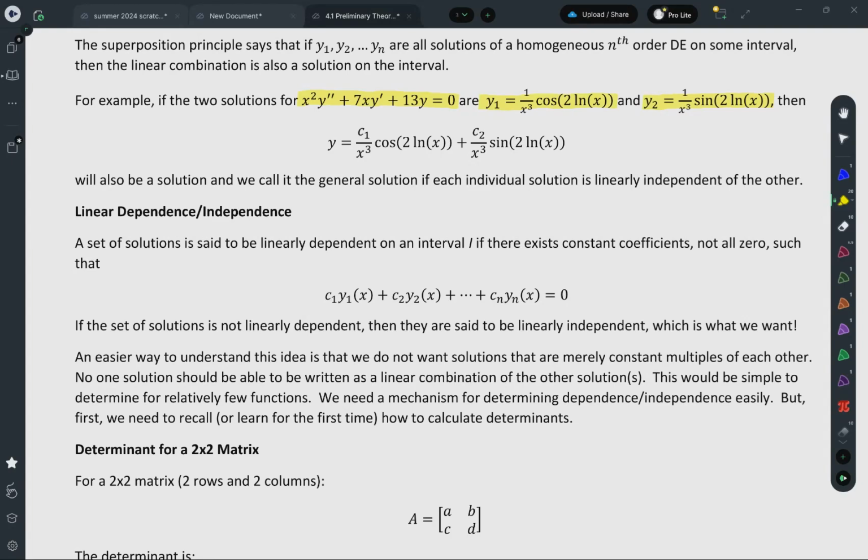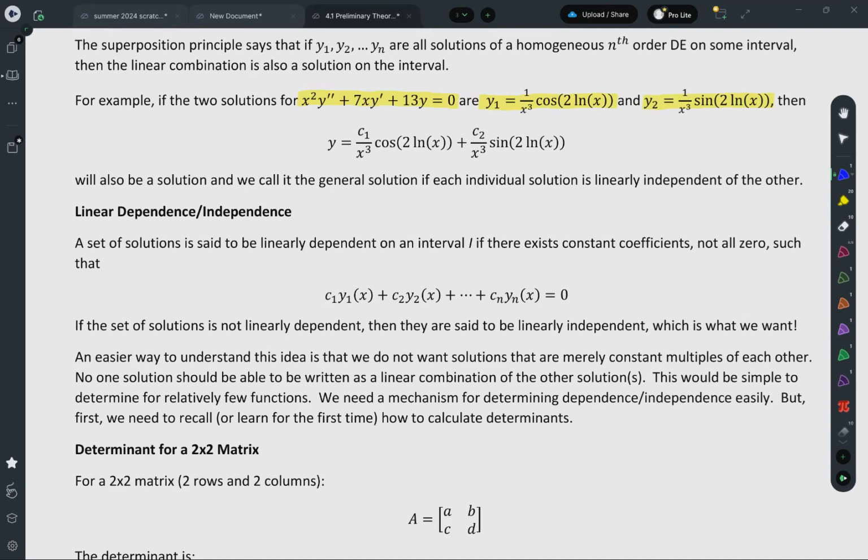A set of solutions is said to be linearly dependent on an interval if there exist constant coefficients, not all of them zero, such that when you add all of the solutions together with c's, you would get back zero. Let's see why that is, though. I could play with this equation, c1y1 plus c2y2 plus all the other guys plus c sub n y sub n is equal to 0.